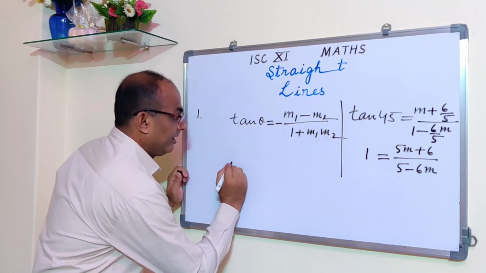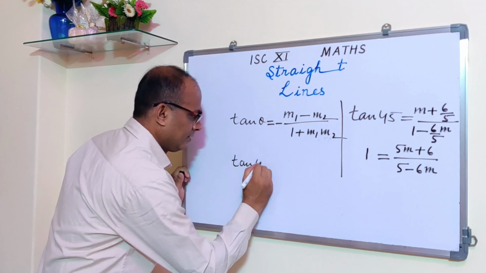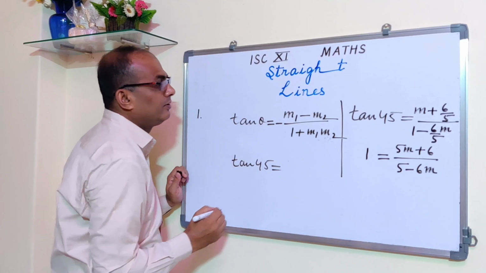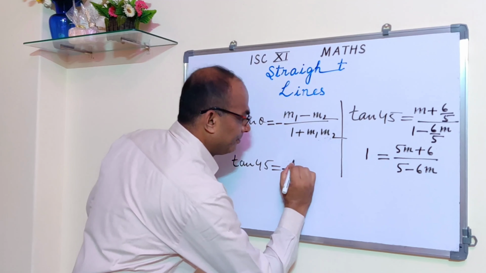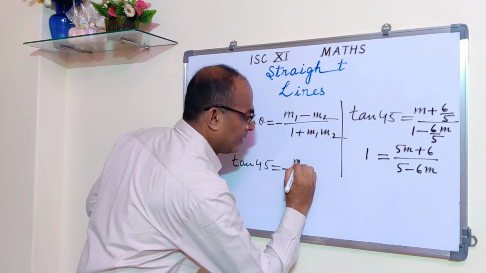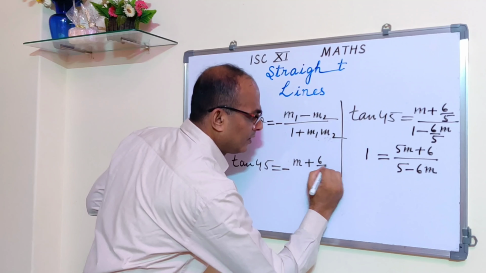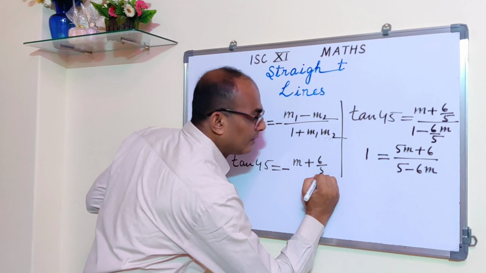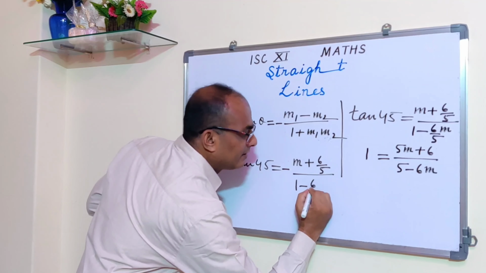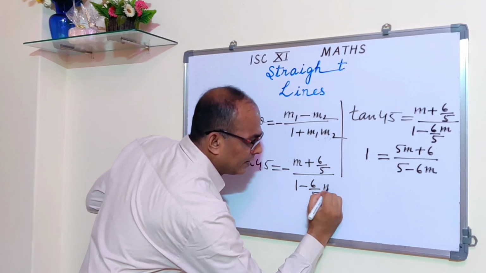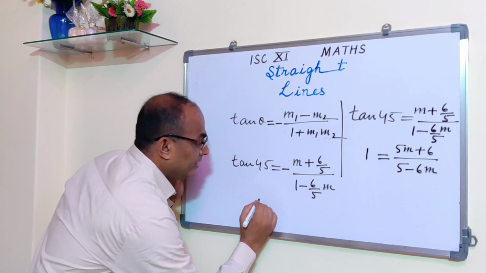Theta is 45, so tan 45 is equal to minus m1 minus m2 upon 1 plus m1 m2. Tan 45 is 1, so you can write 1 here.